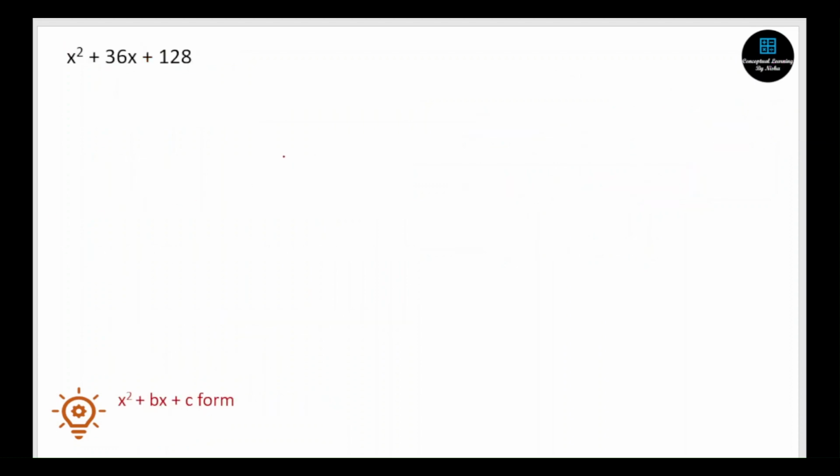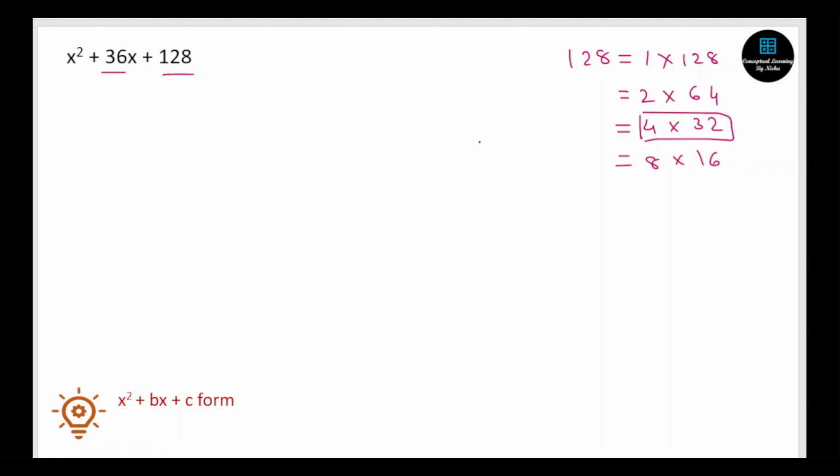Now let's learn one more example of the same type. Here the constant term is 128. I'll list down all the factors first: 1 times 128, then 2 times 64, 4 times 32 and 8 times 16. Now we have to think which two factors we add to get 36. Yes, you are right, 4 and 32.